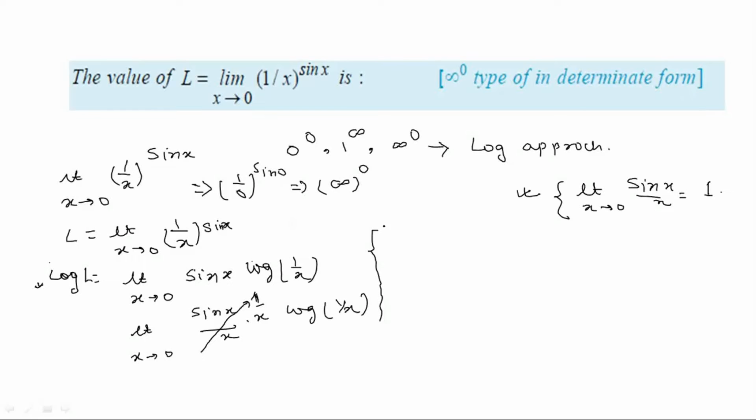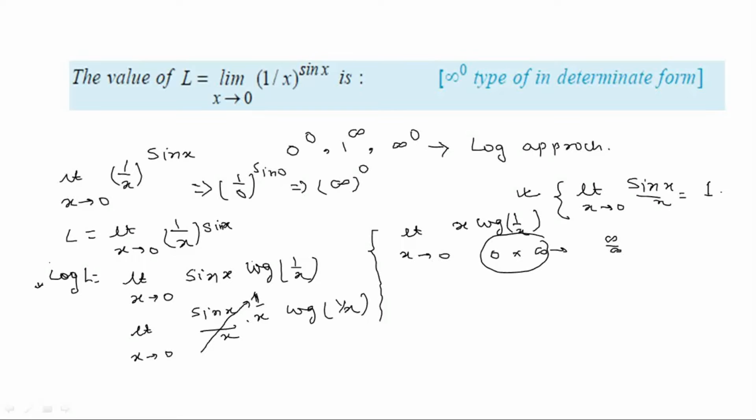Okay, so now it becomes the limit as x tends to 0 of x into log 1 by x. Here if we put x equal to 0, 1 upon 0 is infinity, and log infinity is infinity. This is again an indeterminate form. So here we try to make it infinity upon infinity format.